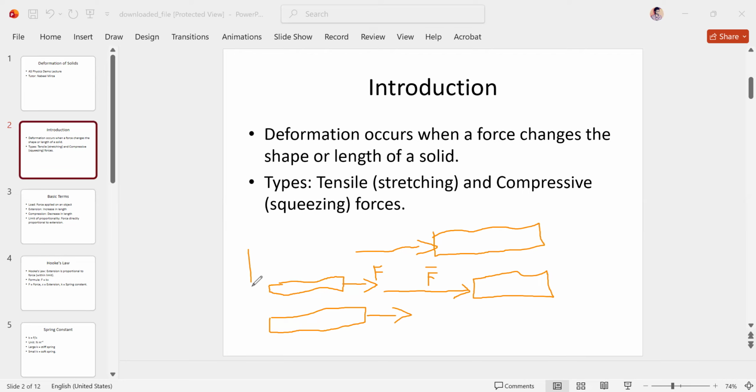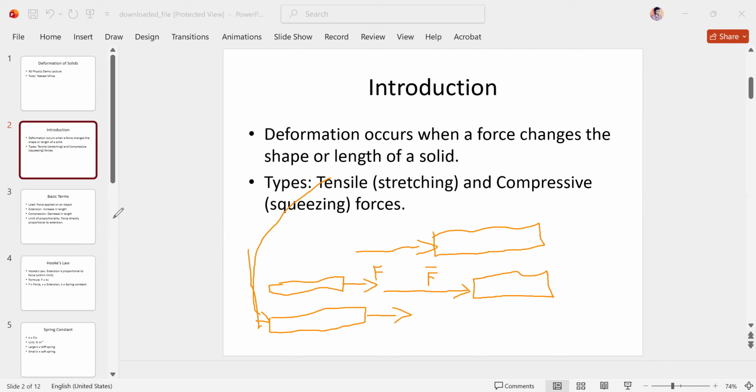This is called tensile. Tensile means we apply a force on an object and its length is increased. Similarly, the meaning of compressive force, or compression, is that when we apply a force, the object's length or size is decreased.